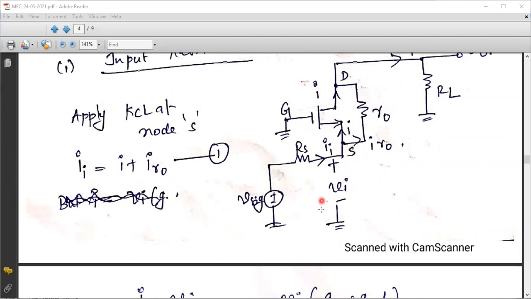It is VI. Please understand the difference between VSIG and VI. VSIG is the overall input which is to be amplified, and VI is the fractional voltage that appears across the source terminal and ground after considering the drop across RS. So VGS can be considered as VI here.